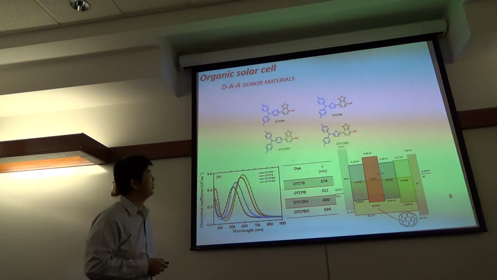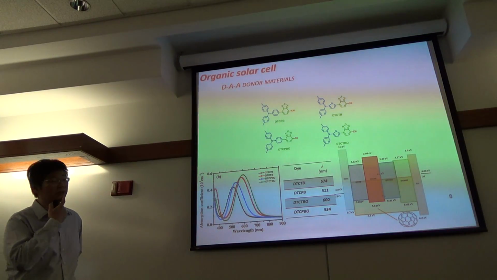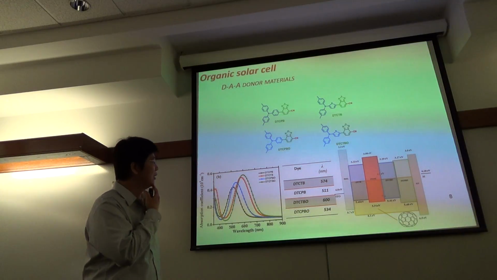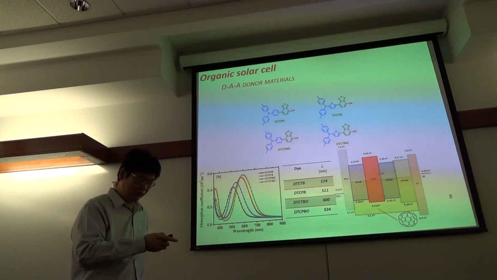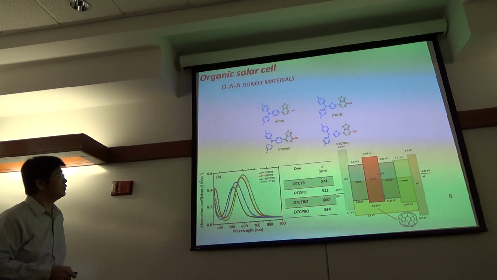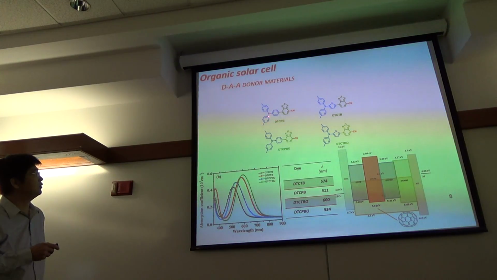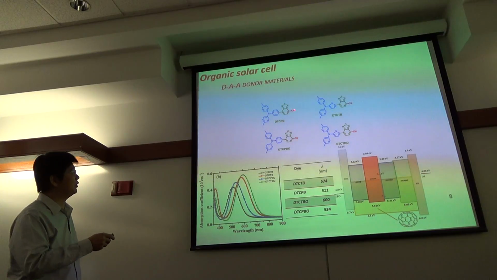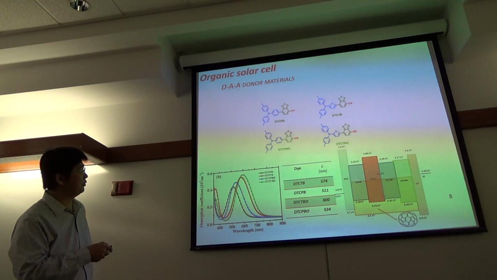Okay, so we also do some solar cell applications. It's also in collaboration with some chemists. For example, you can see the blue color, green color, and red color connected together. We call that donor, acceptor, acceptor, a DAA material.